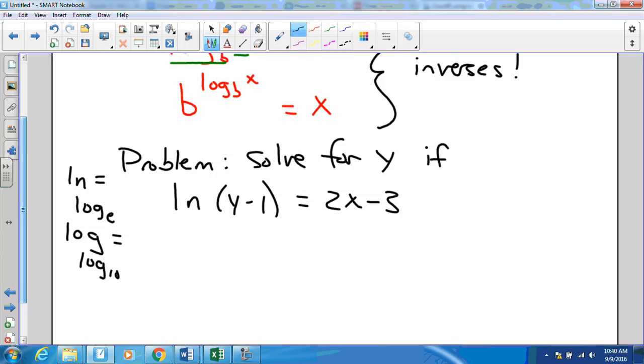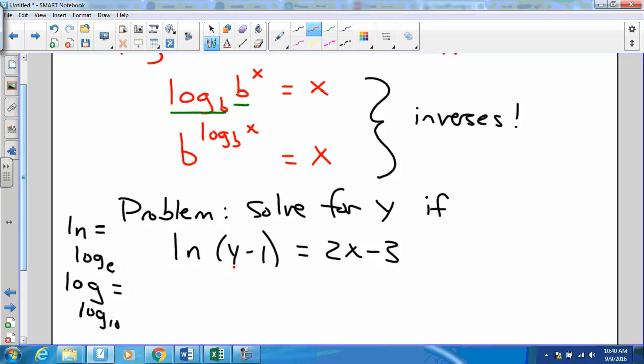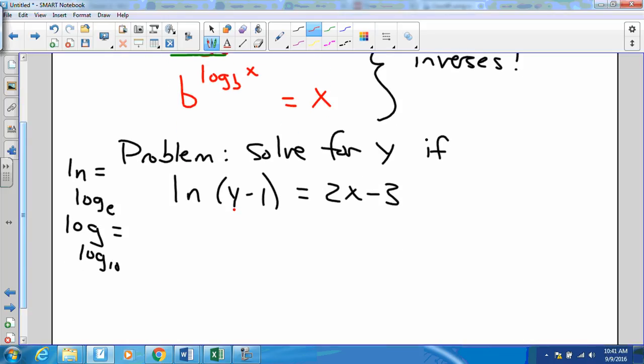Okay? So, with this in mind, I look at this, I'm supposed to solve for y, and so I notice that y is found only in one place in my equation, and that's right there. I need to isolate it, so I need an inverse for this function. And the inverse of natural log is going to be e to the x. So I begin by raising e to both sides.